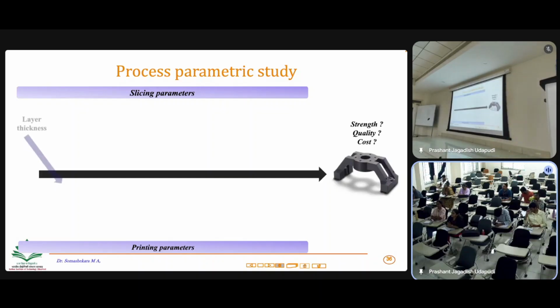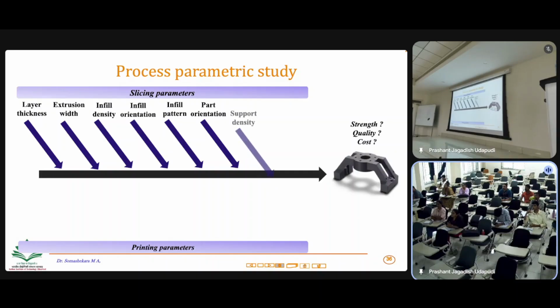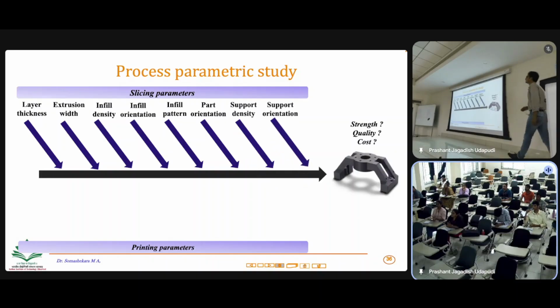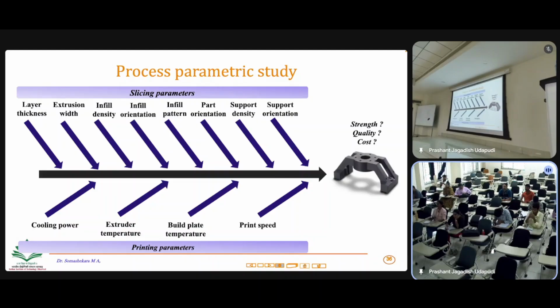For example, layer thickness, extrusion width, infill density, infill orientation, infill pattern, part orientation, support density, and support orientation. And also a few more parameters, for example the cooling power, extruder temperature, build plate temperature, and the print speed.